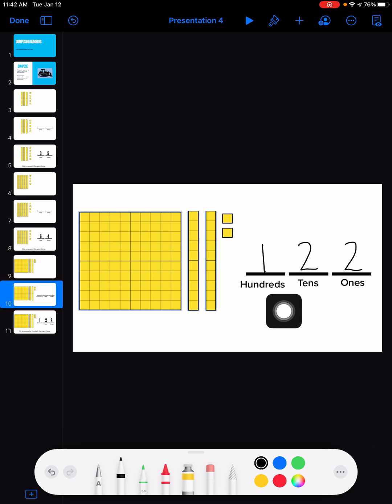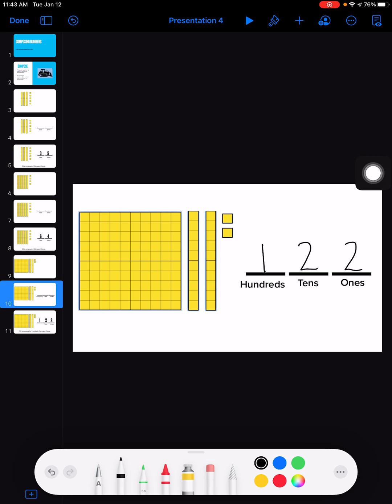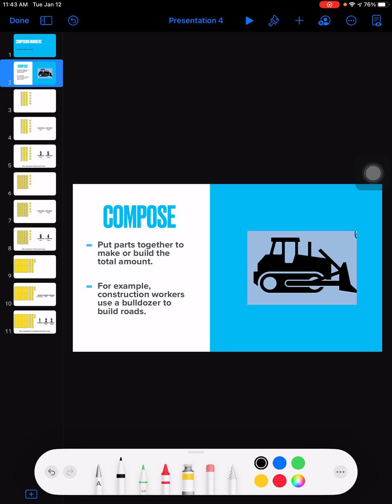That's right, 122. And 122 is composed of 1 hundreds block, 2 tens, and 2 ones. We used our place value to combine the place values of each number and made it into a whole.